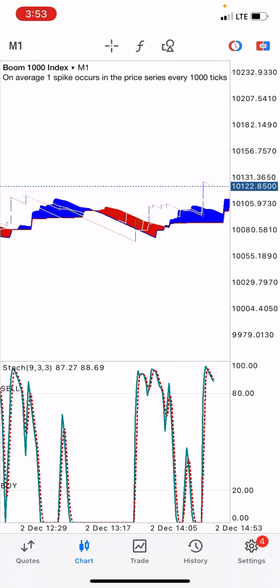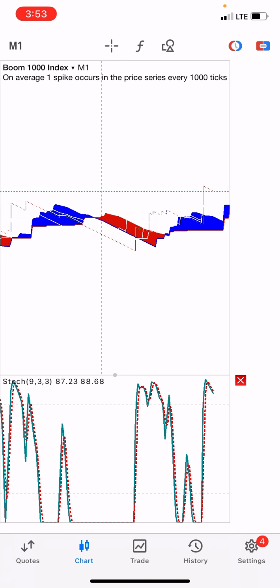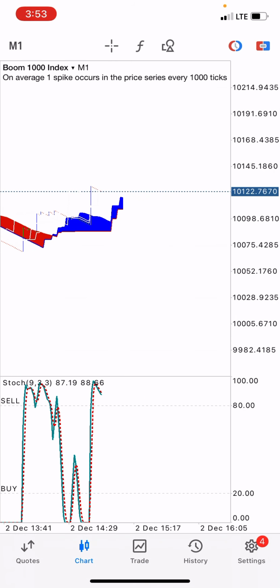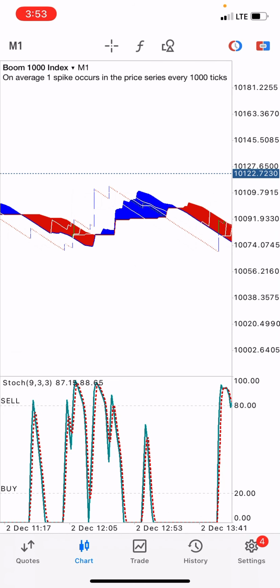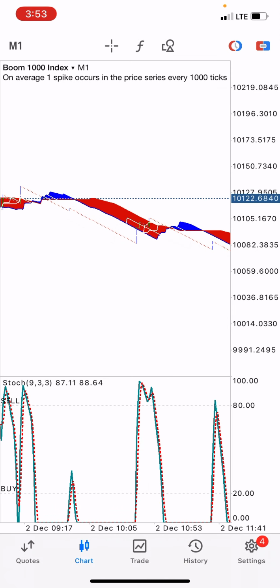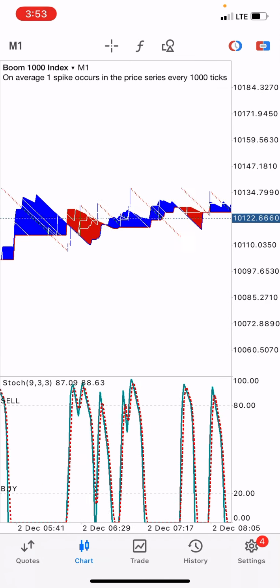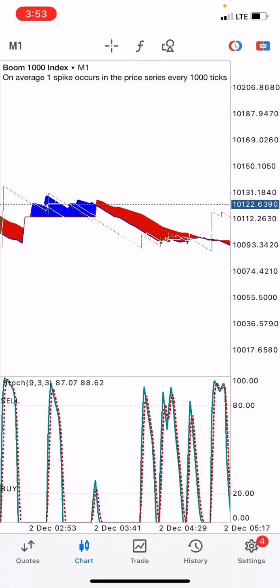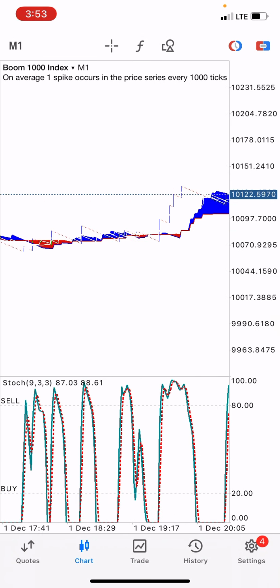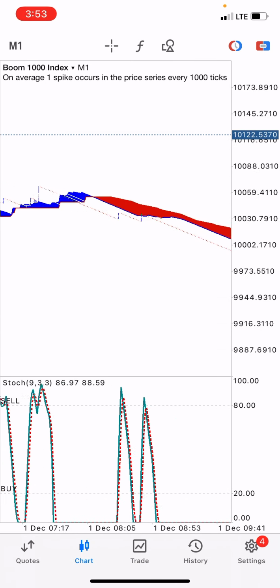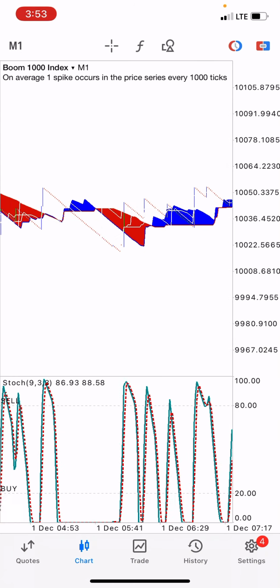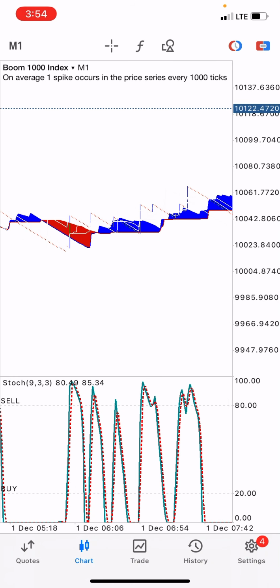Now this is how the strategy works. We all know for boom we are buying boom, and for crash we are selling crash, to catch the spikes. Whenever boom is on uptrend, and the Ichimoku is giving a signal for uptrend, that is blue, you buy.